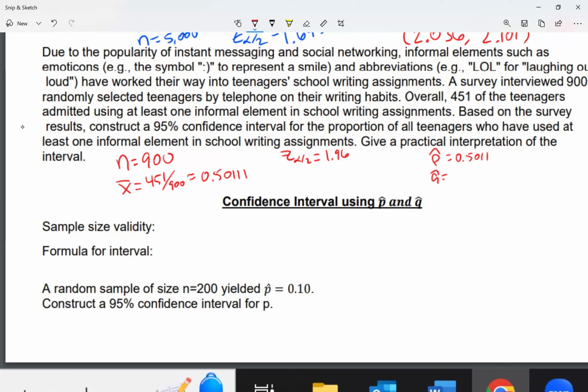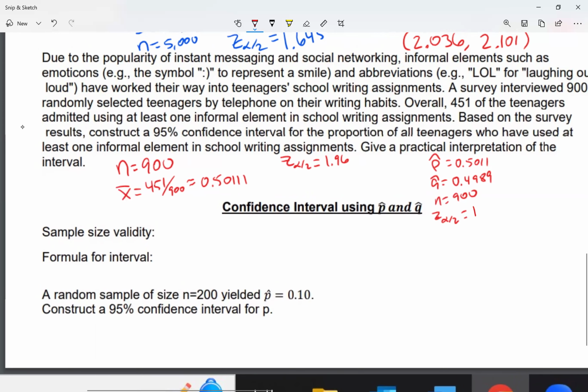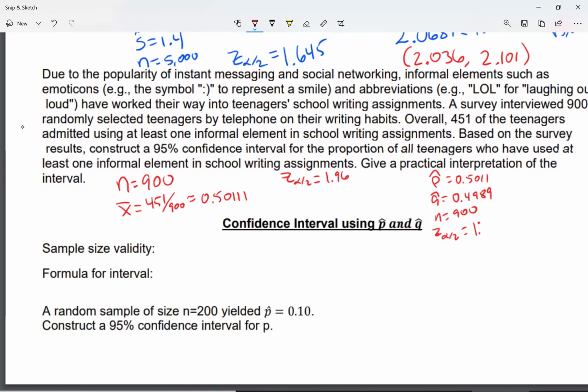What I'm going to do is go 1 minus P hat. So 1 minus 0.5011, and I'm going to call this 0.4989. So P is the probability that they do use it, the probability of success, and Q is the probability of failure, the probability that they don't use it. I know my n is still 900, my sample is 900, and I know my C-score of 95% is going to be 1.96.